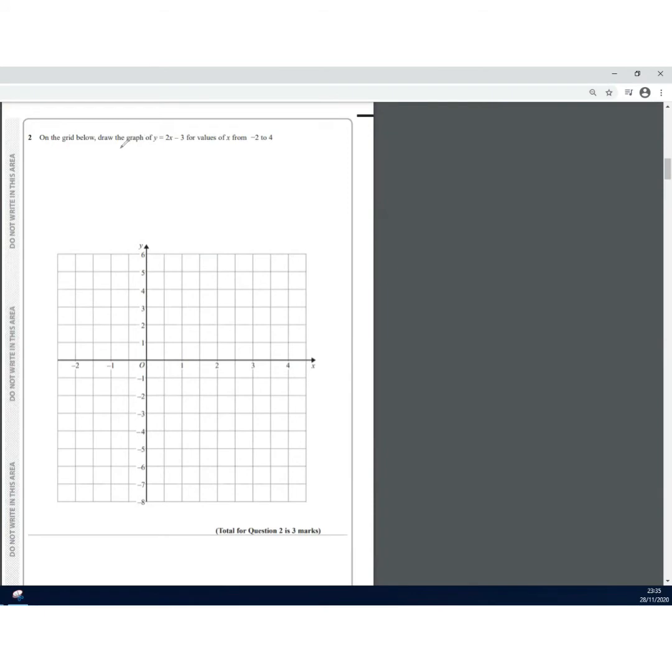In question number 2, the graph needs to be drawn of this particular equation. The values are from -2 to 4. The easier way, I would think, is simply to draw a table and then put in the given values of x.